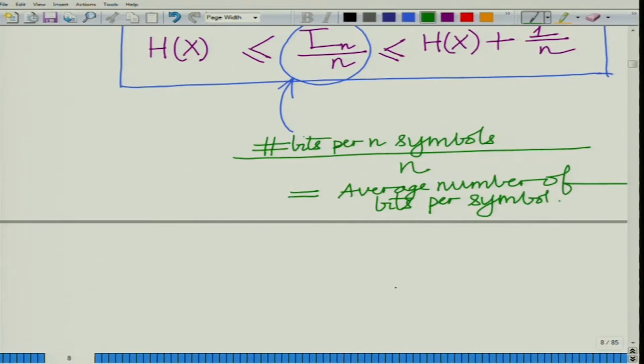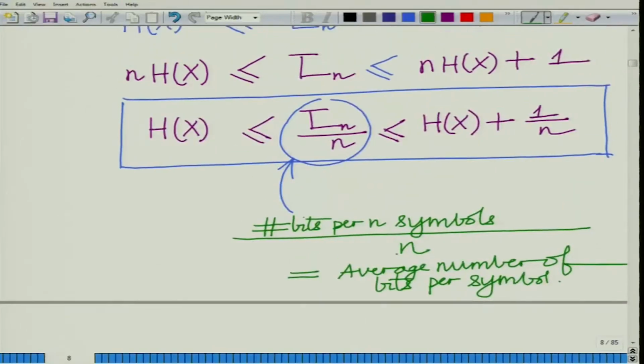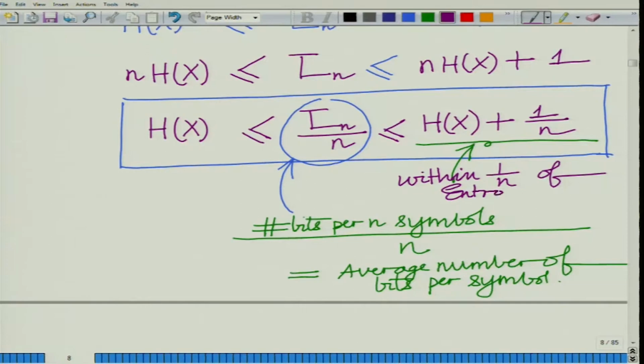So, you are looking at a block of n symbols, and the average number of bits per n symbols divided by n is the average number of bits per single symbol. And you observe this is within 1 over n bits of entropy.